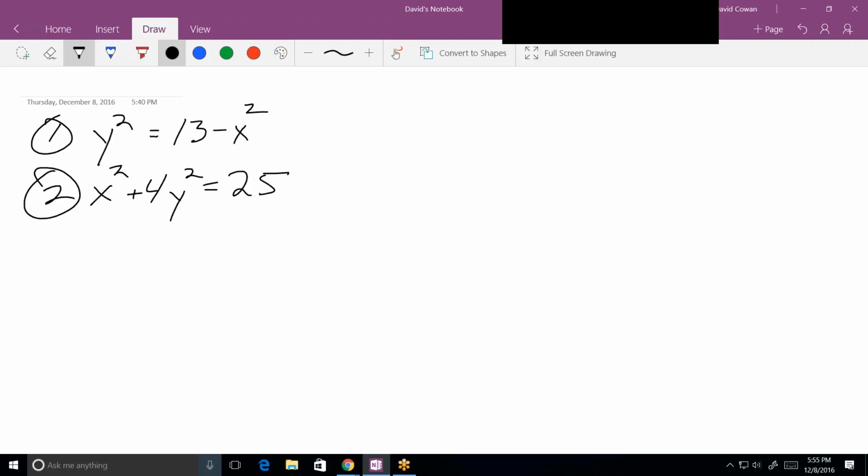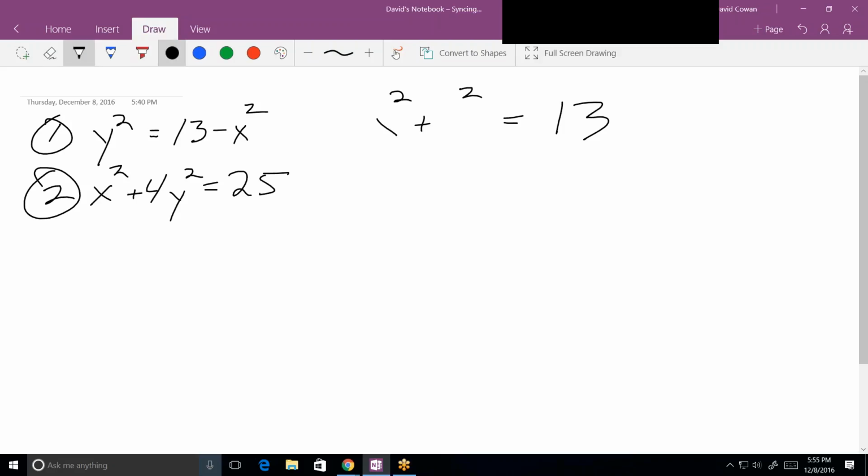If I write equation 1 this way, I can actually solve everything a little faster by elimination rather than substitution. By elimination? Yeah, we're going to subtract the two equations.